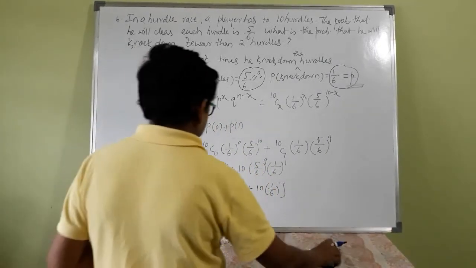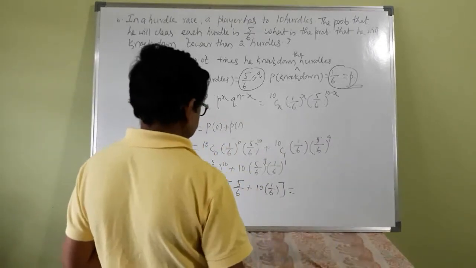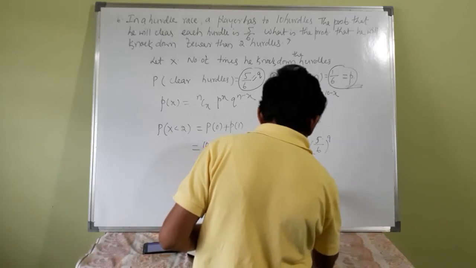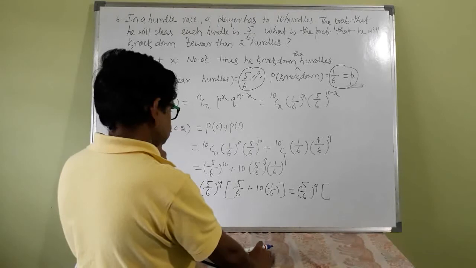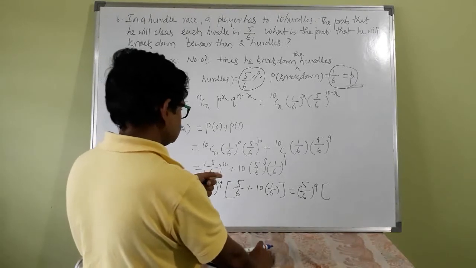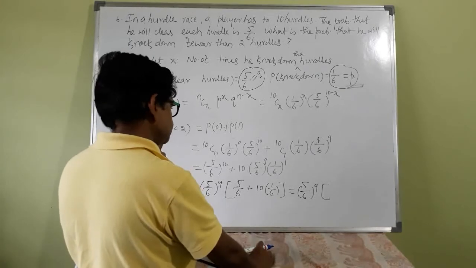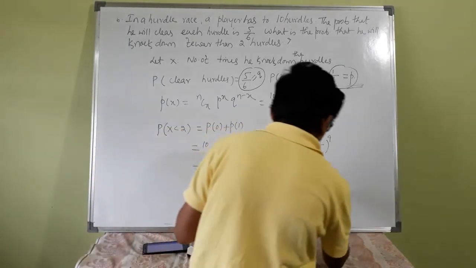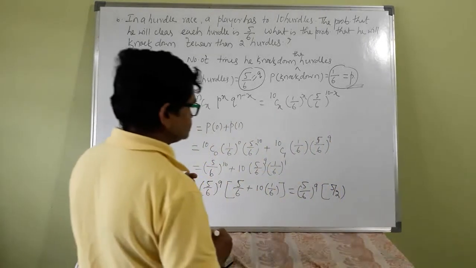Okay, so this is 5 by 6 raised to 9 into 15 by 6. 15 by 6 means 3 2s are 6, 3 5s are 15, so it is 5 by 2.